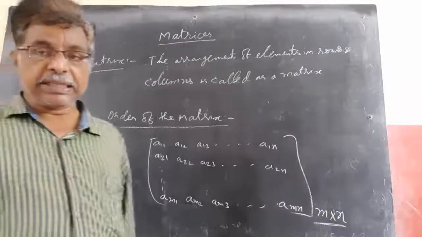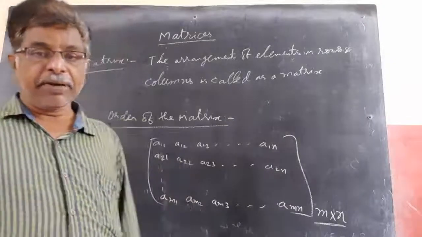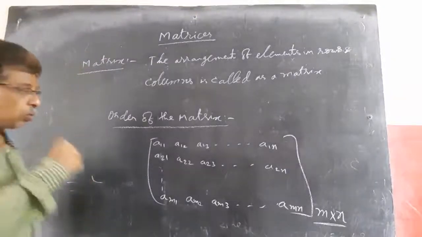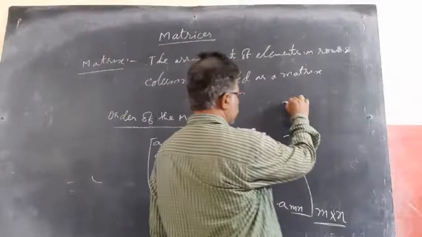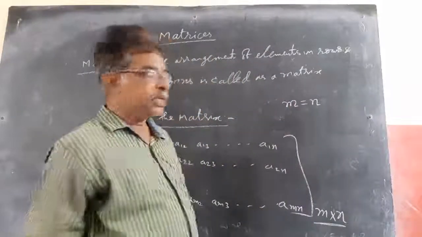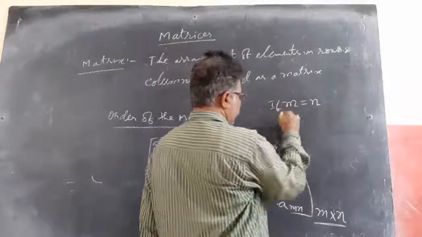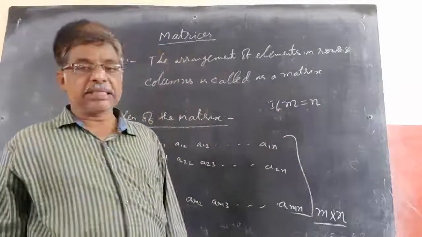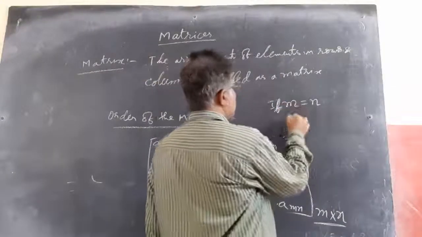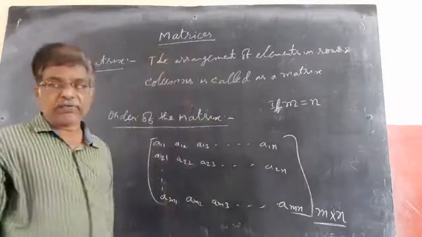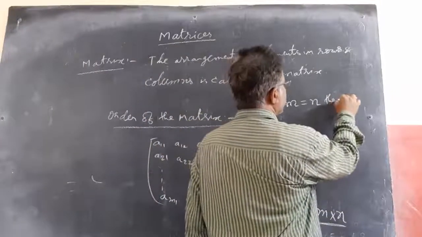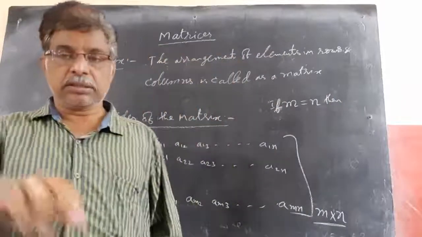The order of this matrix is m by n. Now, if m is equal to n, then the matrix is called a square matrix.